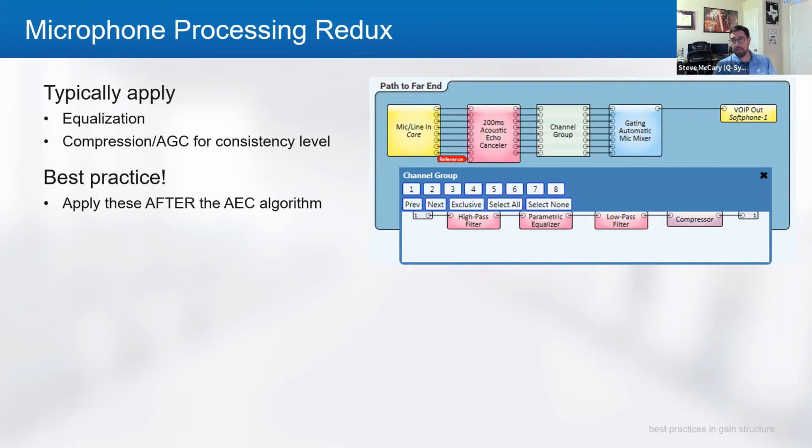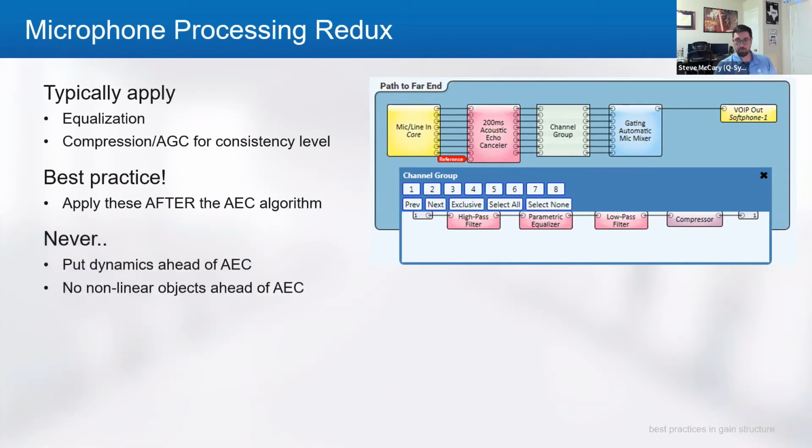And if you've got any dynamic audio processing, a compressor, an AGC, anything like that, that needs to be after the AEC, because we want the signal going into the AEC to be as steady as possible. We don't want something that's going to make that gain jump around as we're trying to cancel out that echo coming back through. So never, ever, ever put a dynamic ahead of an AEC.